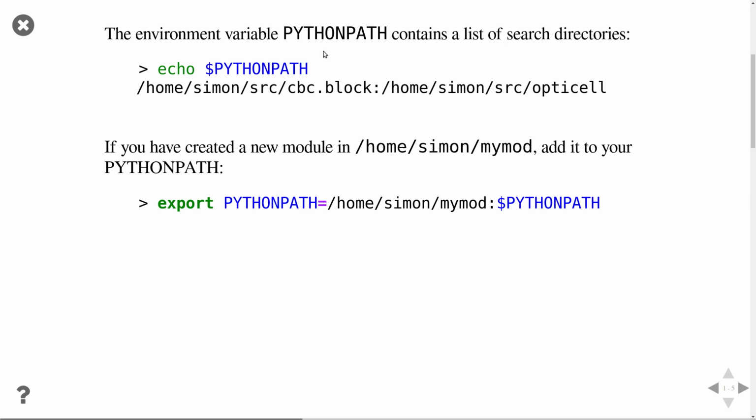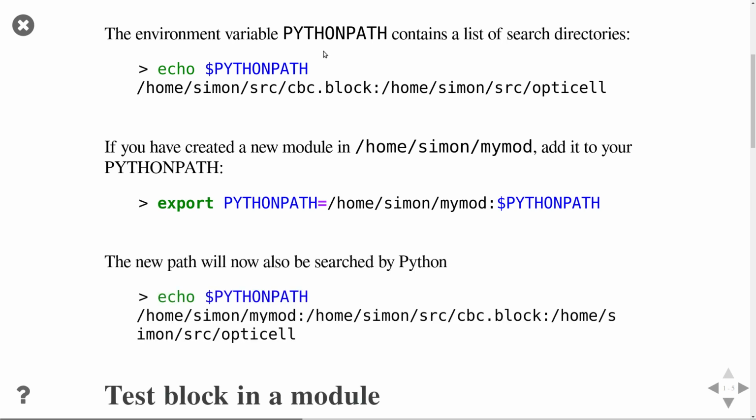So I just add one more path to PYTHONPATH. Okay, and then I can echo it out again to ensure that indeed all my three paths are stated. And now, if you write import x from mymod, it will automatically work.